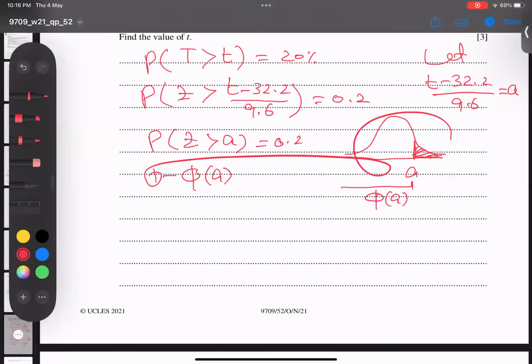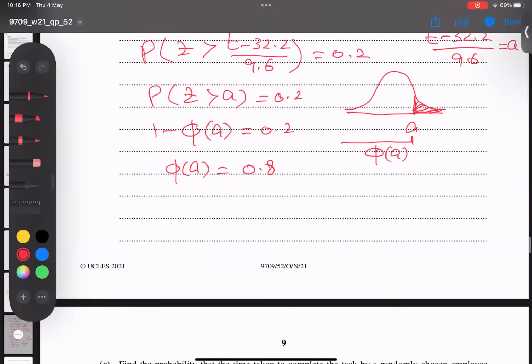So 1 minus phi of a equals 0.2, which means phi of a equals 0.8. This is the probability I'm looking at; what value of a gives this phi?